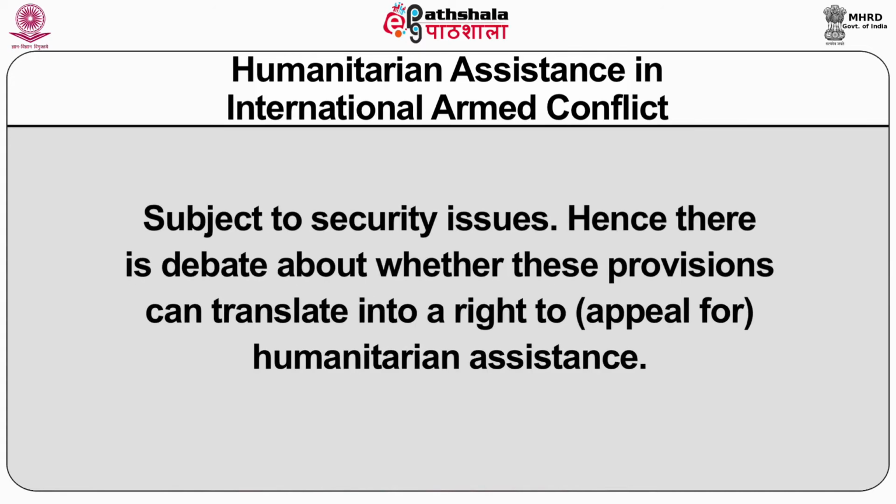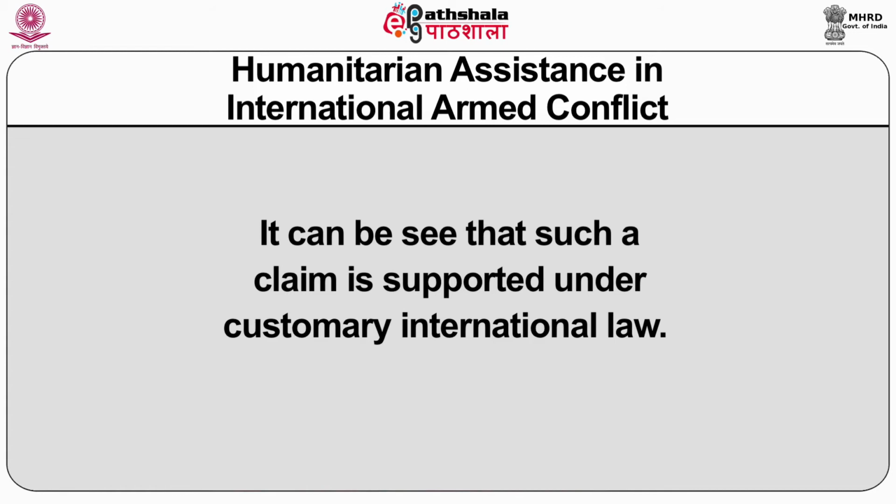Hence, there is debate about whether these provisions can translate into a right to, or an appeal for, humanitarian assistance. It can be seen that such a claim is supported under customary international law.